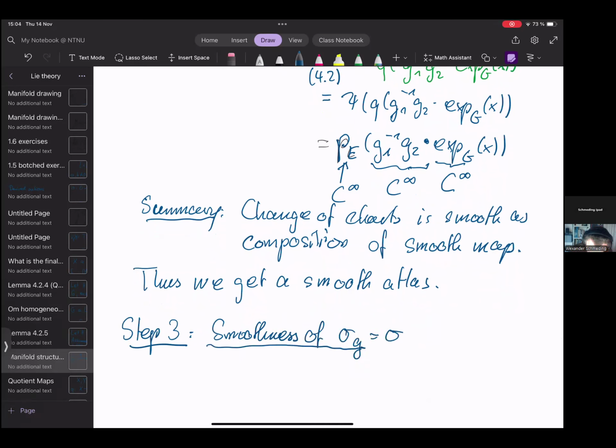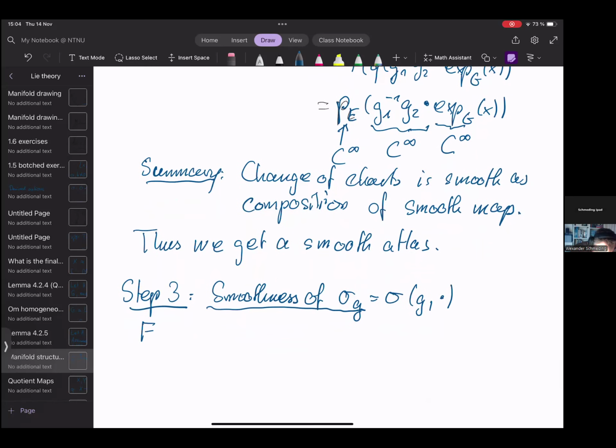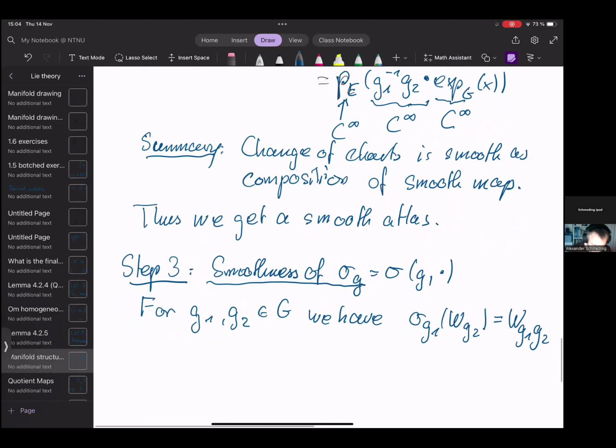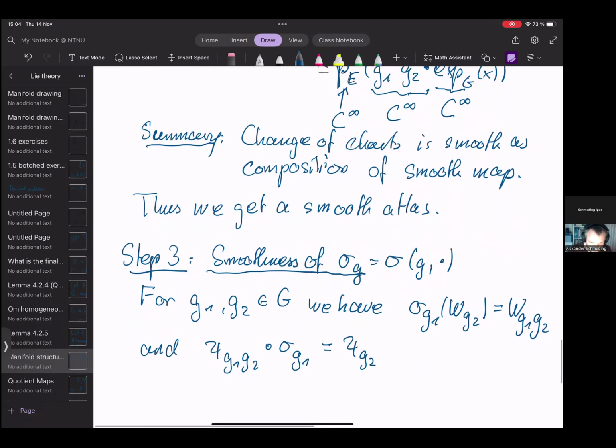So those were sigma, and then in the first component we inserted a G. Okay, so for 2 points G1, G2 in G, by construction, if I take sigma G1 and apply it to WG2, this open set gets exactly transported to WG1 G2. And what we see is that psi G1 G2, if I compose it with this transport map sigma G1, I get psi of G2 also, again by construction.